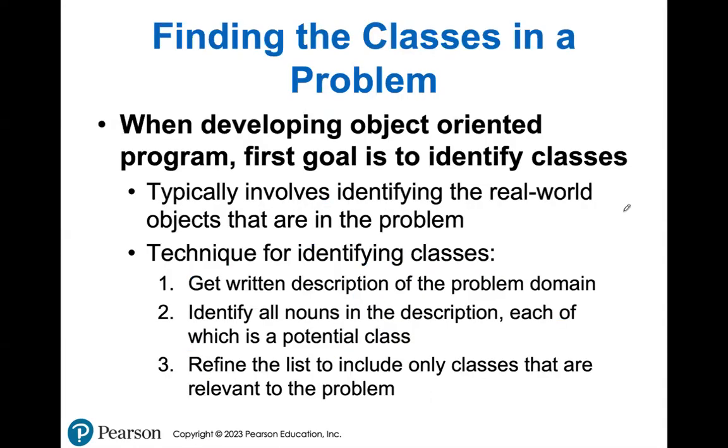Now, whenever you're developing your objects and creating your classes, you have to identify a couple of things before you even begin. The first one, you have to write a description of the problem domain. What that means is you just have to write what your problem is, how you're supposed to fix it, and any ideas that you have about fixing that problem. So just write it down on a piece of paper. Then the second one, you have to identify all nouns that exist inside of that description. When you look at those, there's going to be a lot of nouns that you put down in your description, probably.